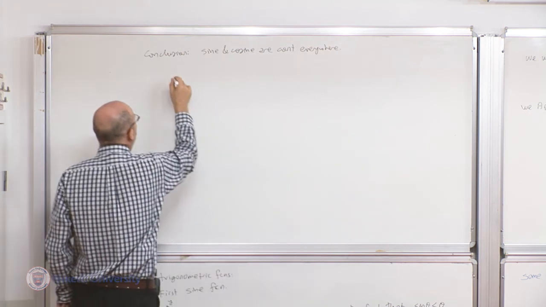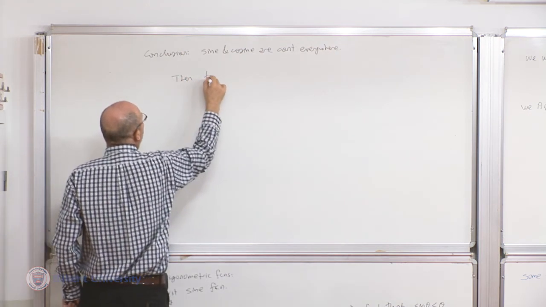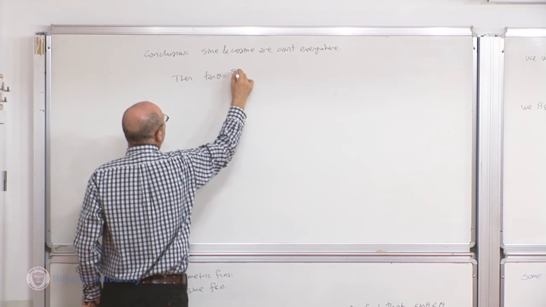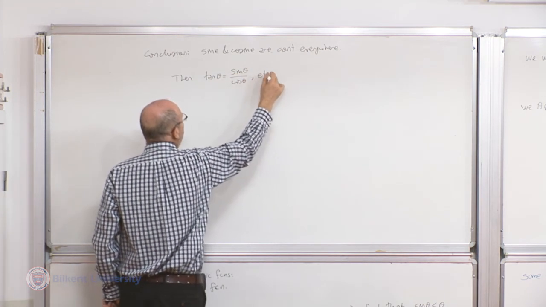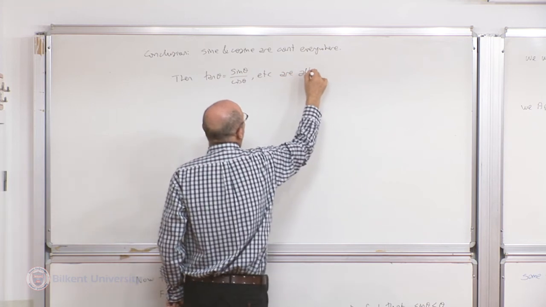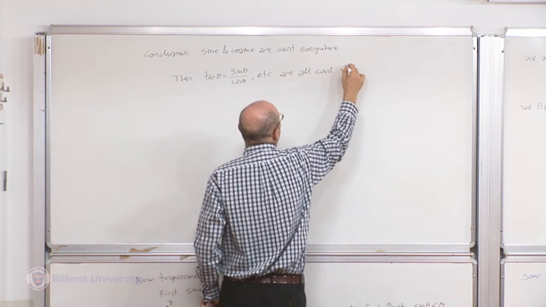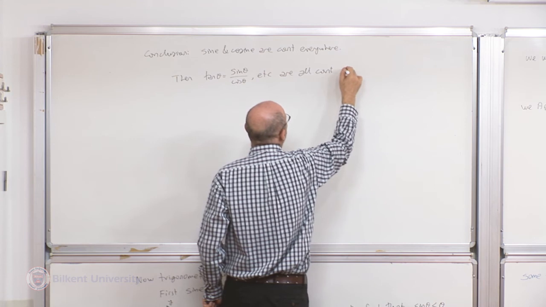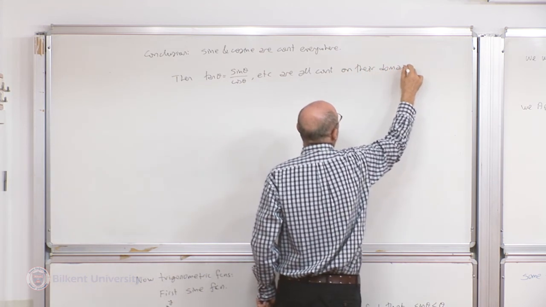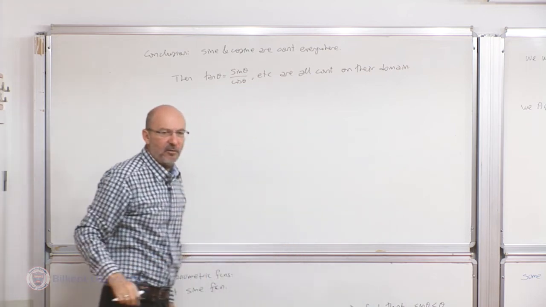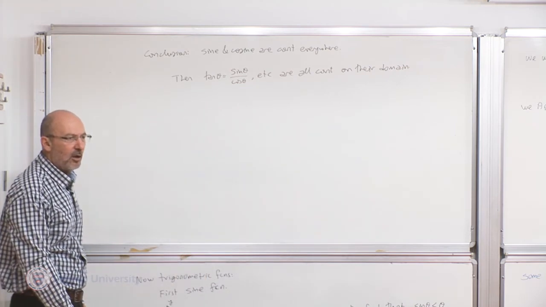Then tangent theta, which is sine theta over cosine theta, etc., are all continuous on their domains. On their domain means that they are defined there, no zero division.